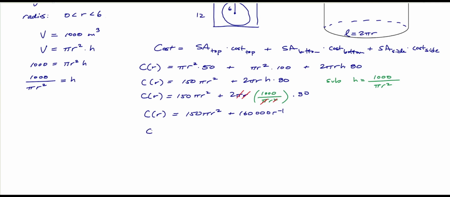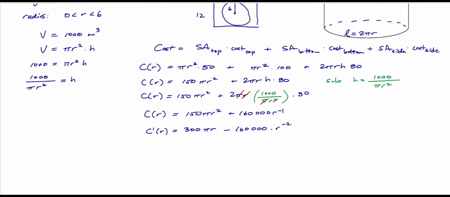So I'm going to take the first derivative. When I take the first derivative, I get 300 pi r minus 160,000 times r to the negative 2. You may recall from the last unit that if I want to factor this out, I usually try and factor out the variable to the most negative value, or the lowest value.